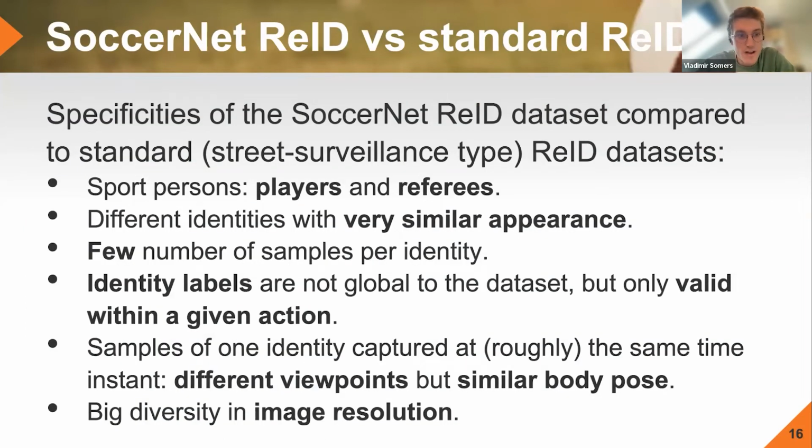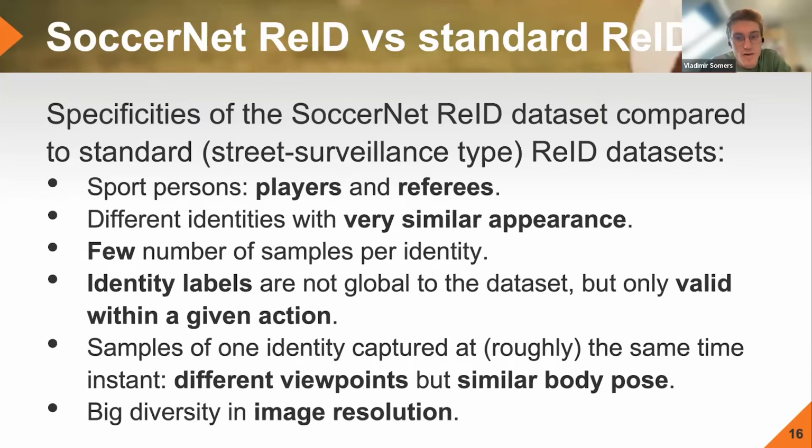So here is the final discussion about our new SoccerNet Re-ID dataset. We list here the specificities of our dataset compared to other popular public Re-ID datasets that are generally used for street surveillance. So first of all, our dataset does not contain pedestrians in the street, but soccer players and referees on the soccer pitch.